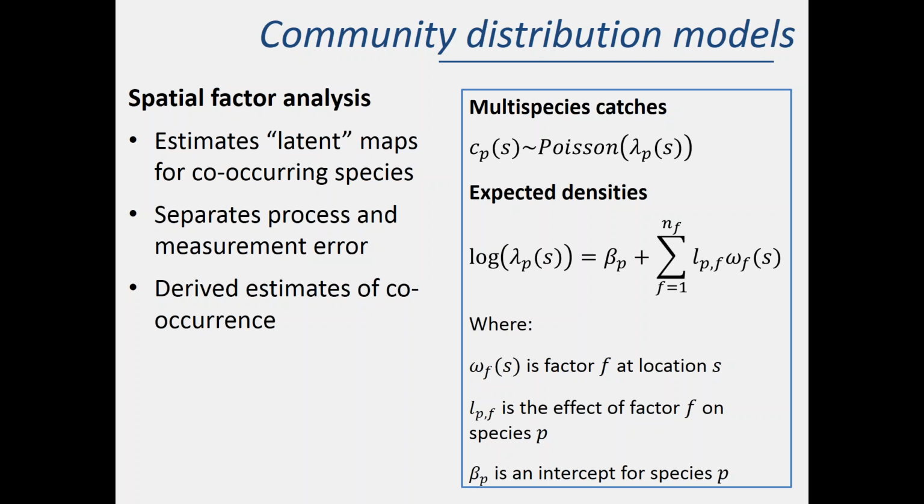So L is the link or the loadings of every factor on every species. And the omegas are the maps, these spatial factors that represent latent variables. So we'll keep going through examples, but is that helpful to start, Elizabeth? Or do you want to ask a follow-up?